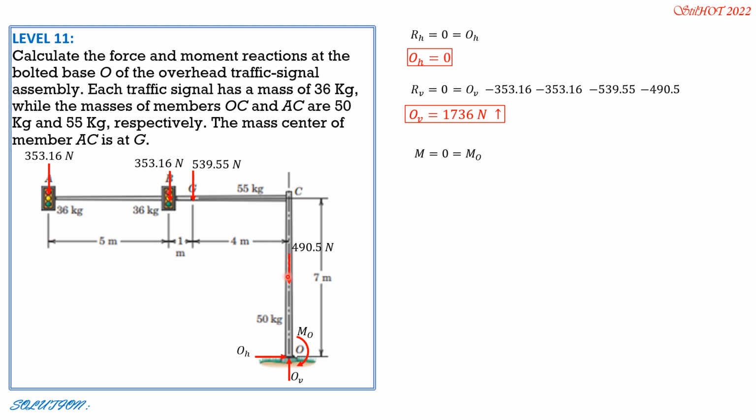So 490.5 has no moment about O. It passes through O. So 353.16 times (5 plus 1 plus 4) is 10, then plus 353.16 times 5, plus 539.55 times 4. So using your calculator, MO is 7456 newton meter clockwise.